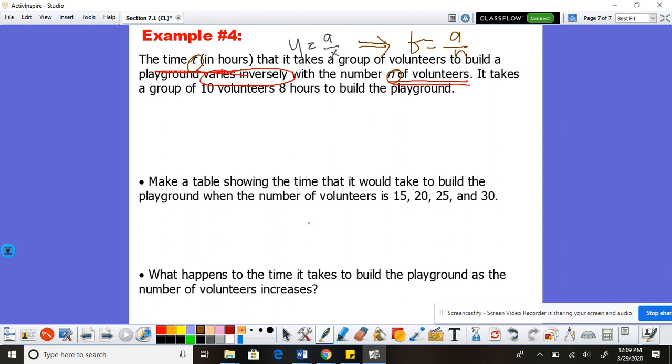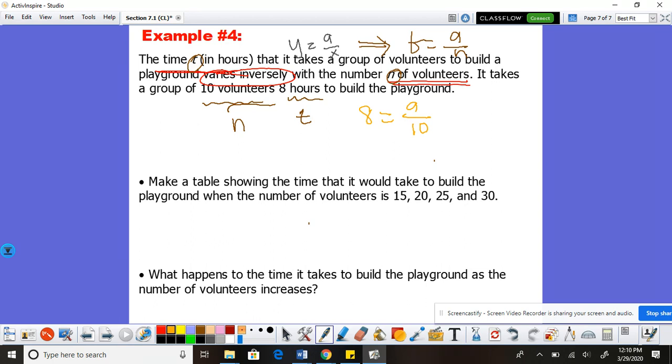It takes a group of 10 volunteers 8 hours to build the playground. So volunteers is your n, and 8 hours is your t. If I plug this in, t, which is 8, equals a over my n, which is 10.